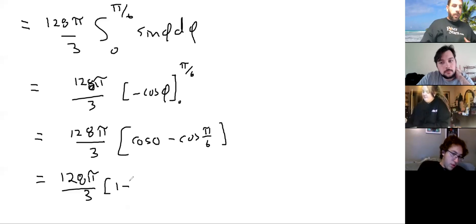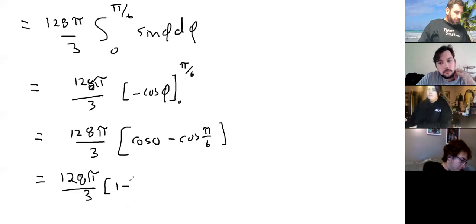Well, the way I like to think about this is I always remember that sine and cosine are always the same at 45 degrees, and that's 1 over root 2. So what is the cosine of pi over 6? Well, that's actually the square root of 3 over 2.